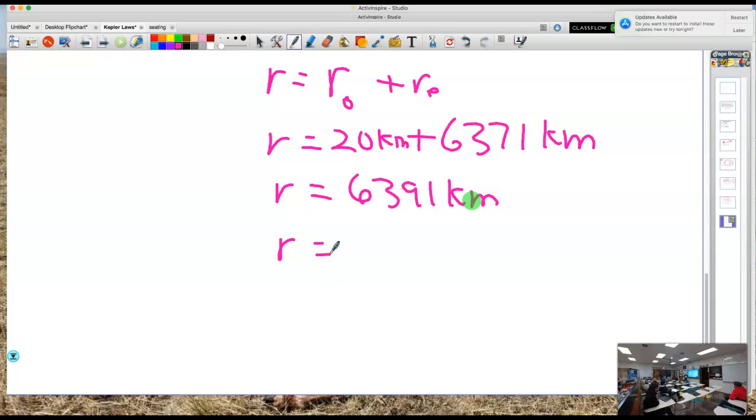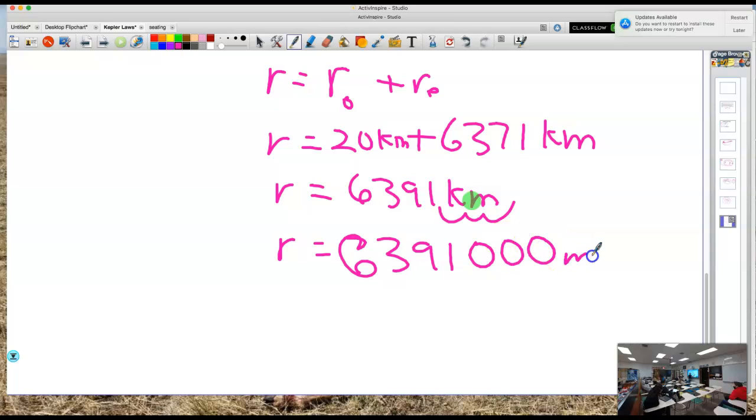Move the decimal over three times, because kilo is 1,000, so 1 kilometer is 1,000 meters. So we move the decimal 1, 2, 3 places. So that's 6, 3, 9, 1, and we just put 3 zeros on it. Meters.